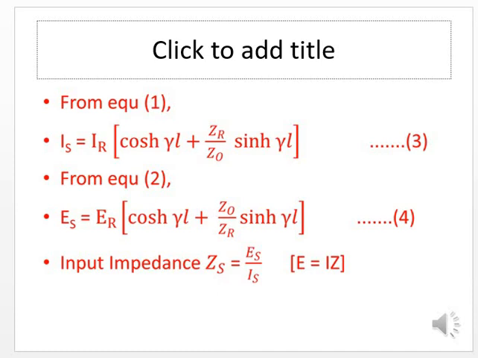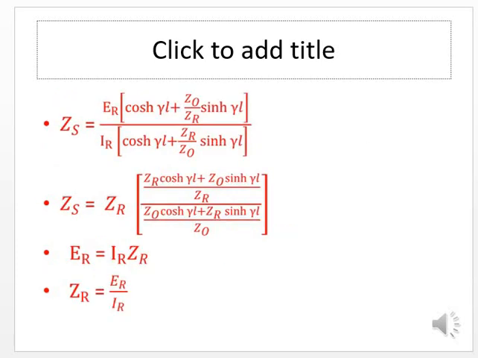From equation 2, Es is equal to ER [cosh γL plus Z0 by ZR into sinh γL]. The input impedance of an infinite line ZS is the ratio of sending end voltage to current. This is derived from the voltage expression E equal to I into Z.